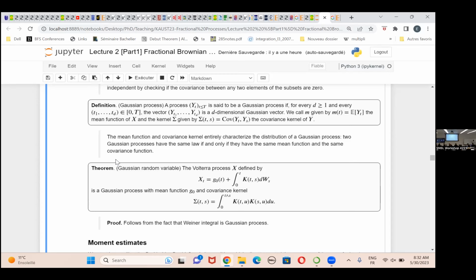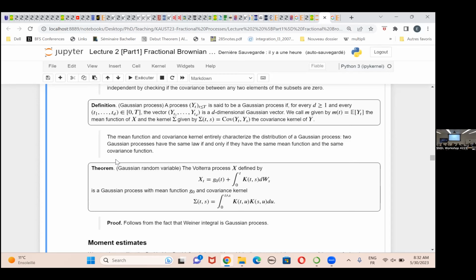A Volterra kernel means that if s is greater than t, it's equal to 0. If I call this matrix Kn, it will have 0 above the diagonal, and below it's not 0.